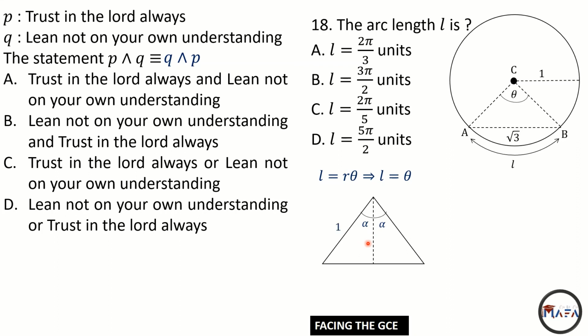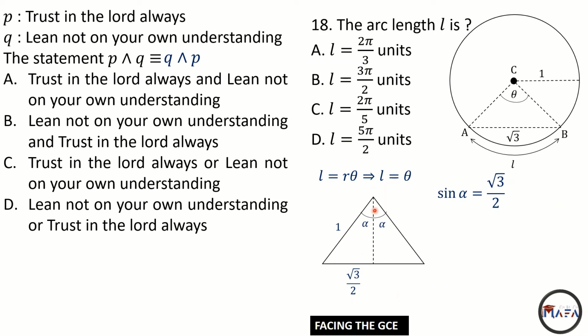Now the radius of my circle is 1, so it's the hypotenuse of this right angle triangle to the left as well as the hypotenuse of the right angle triangle to the right. Now since this is a perpendicular bisector of that angle, it means it bisects the chord AB into 2. So the length of AB is root 3, means that this portion here is root 3 on 2 and this other portion is root 3 on 2. Now we can use SOHCAHTOA.